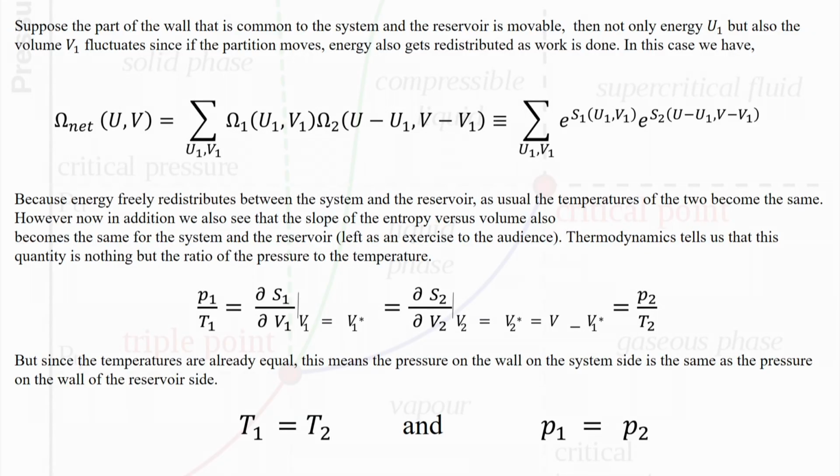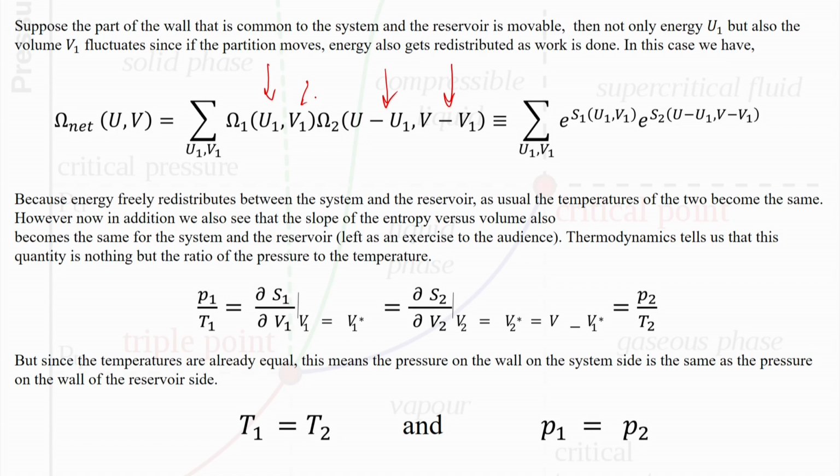So, as a result that work gets transmitted to the internal energy of the system sometimes, and as a result it is not easy to have a mechanism by which only volume changes, but internal energy does not change. So, typically we end up allowing for both to get exchanged, and so that is why I have allowed for the internal energy to be exchanged and volume to be also exchanged.